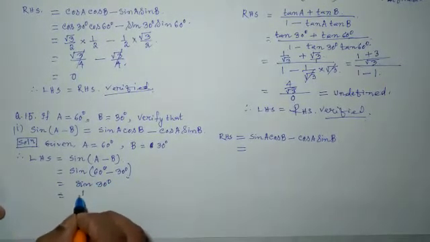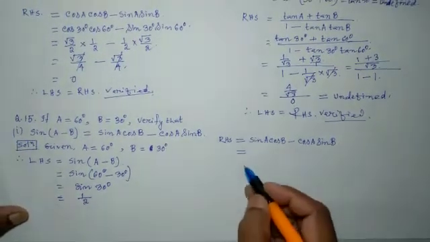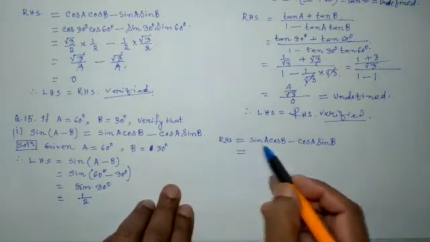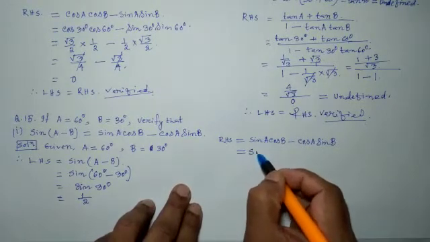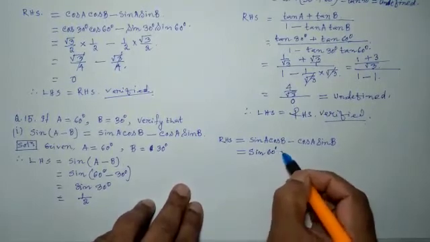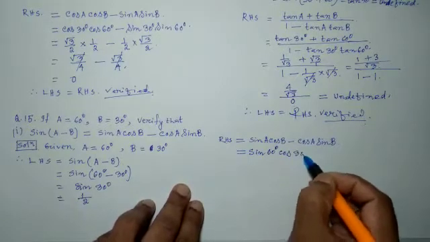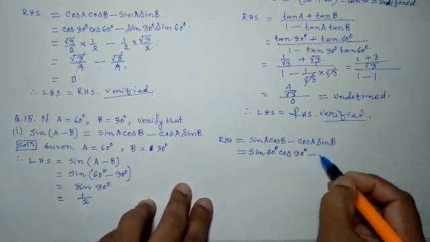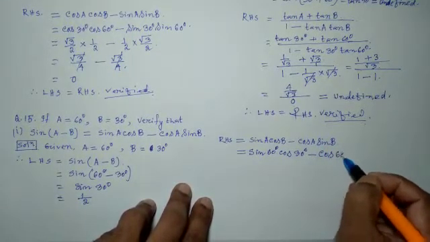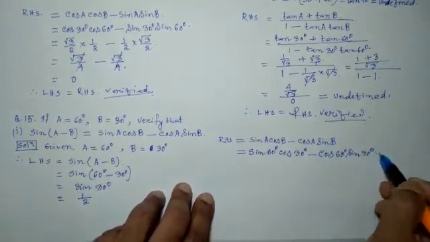What is the value of sine 30? It is 1 by 2. So that is the value of the left hand side. And now the right hand side, I have written here sine A cos B minus cos A sine B. So see here, sine, write the value of A, 60 degree, and cos B is what? 30 degree, minus cos of A, 60 degree, and sine B is what? 30 degree.